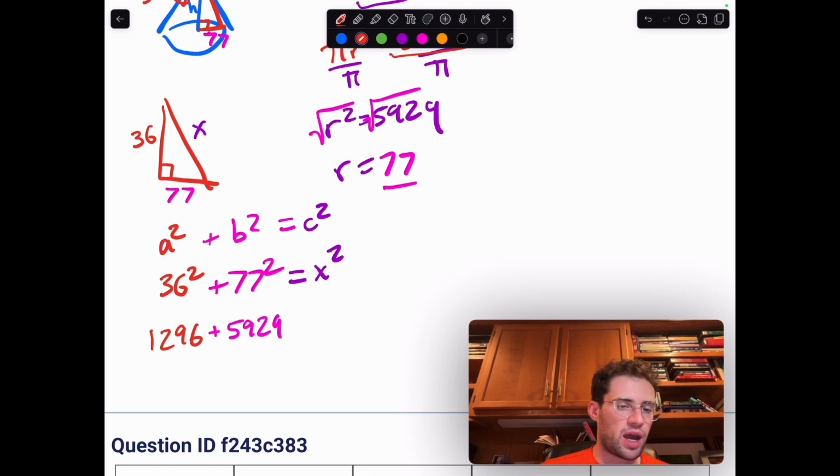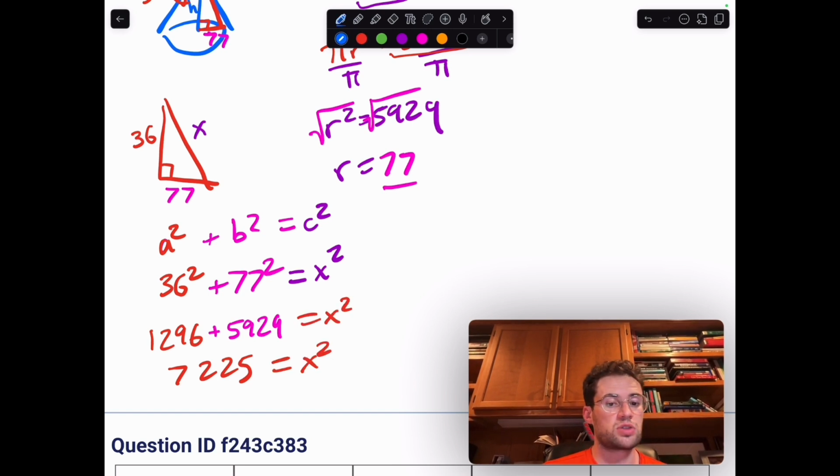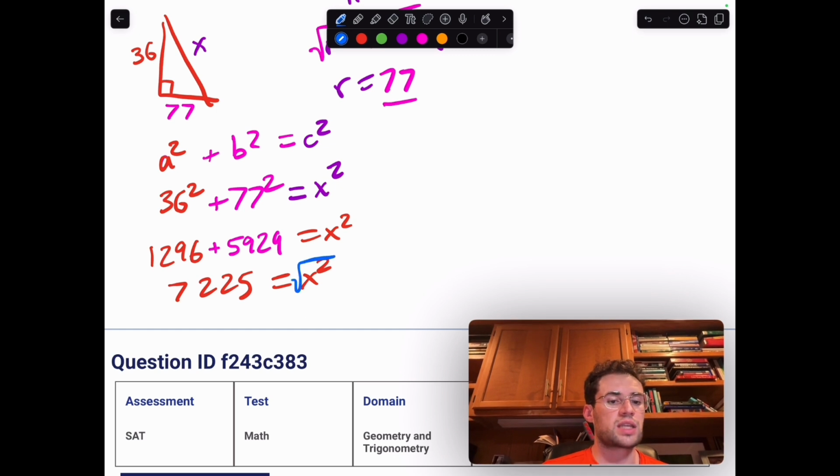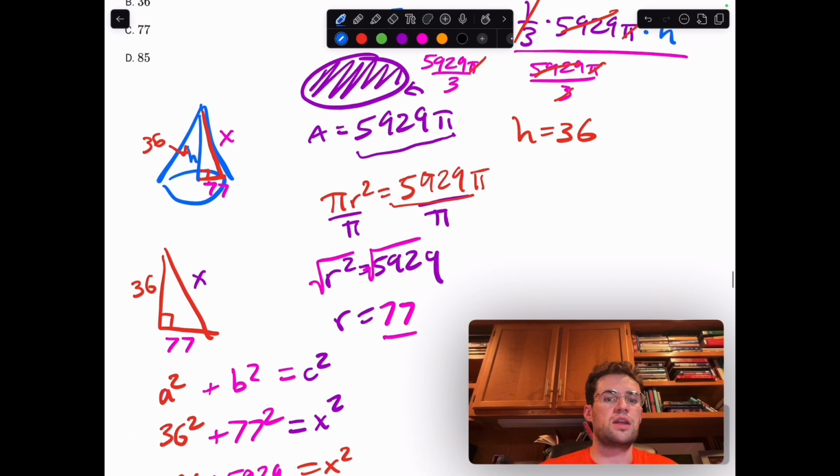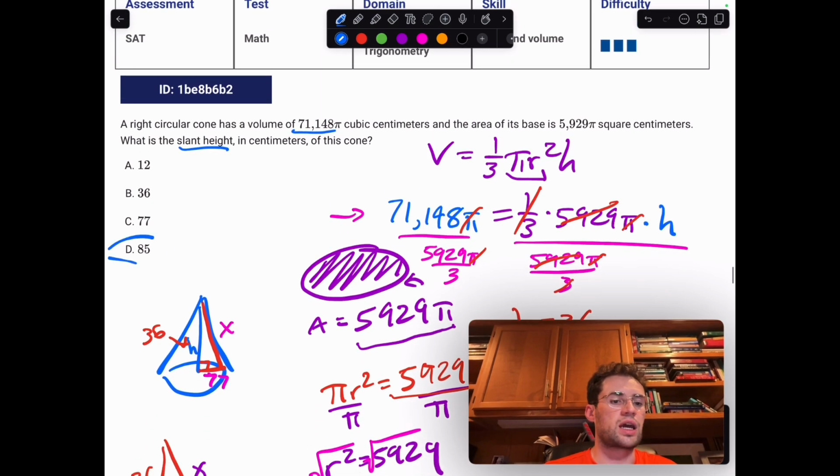But anyway, when you add those two together, it gives you 7225, which is equal to x squared. And x again is our slant height, which is what we're looking for. So to find the slant height, you just take the square root of both sides. So x is equal to the square root of 7,225. It's equal to 85. All right, so 85 is our slant height.